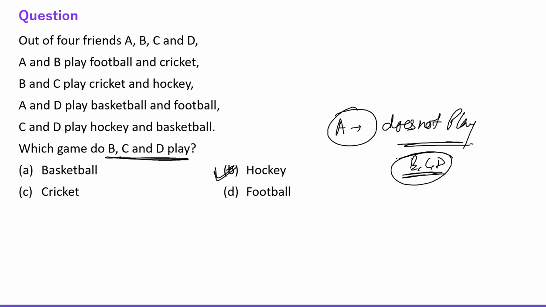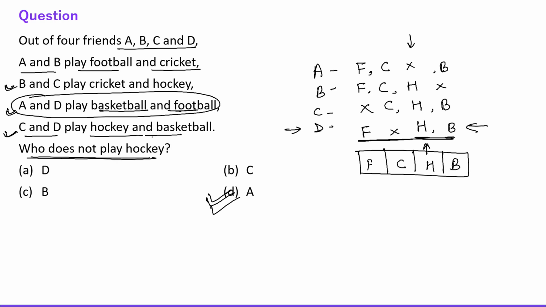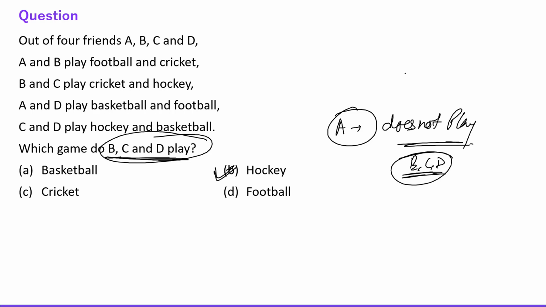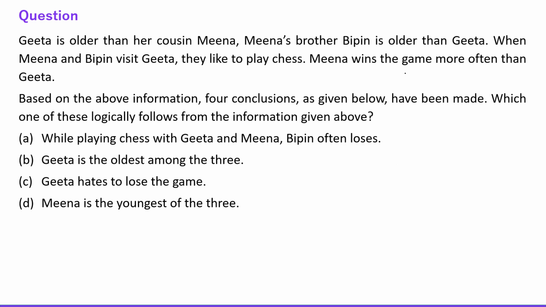So B, C, D play hockey. Fine. Hockey is the correct choice. B is the correct choice, right? Now let's move to another question.